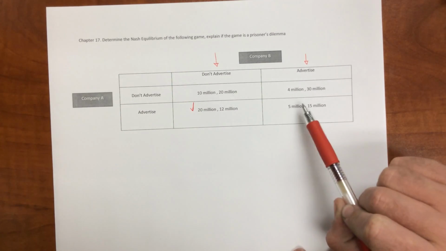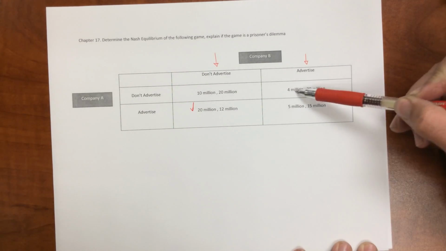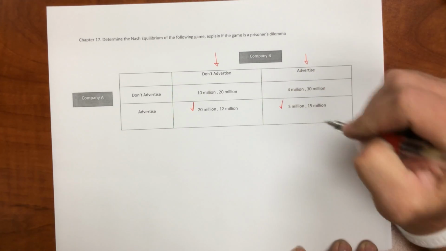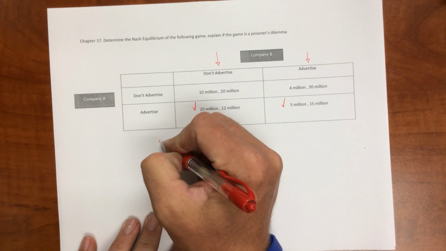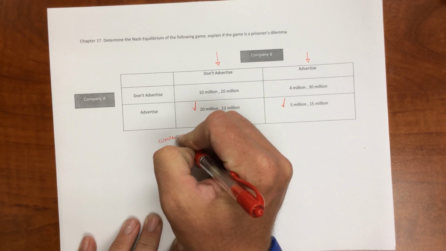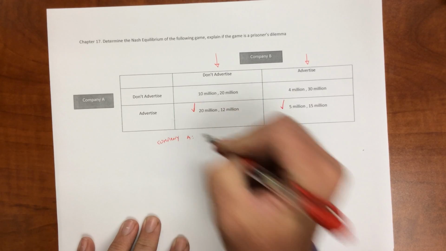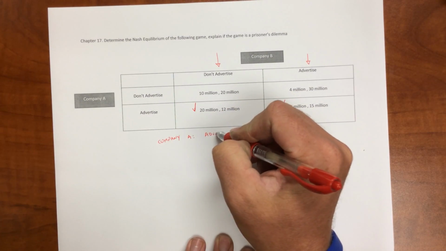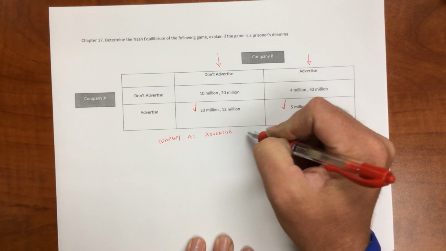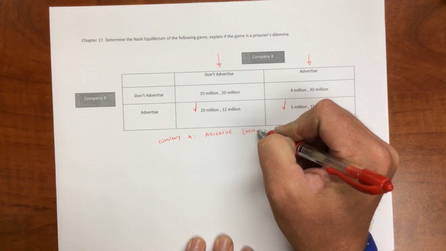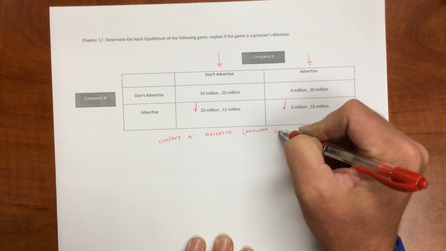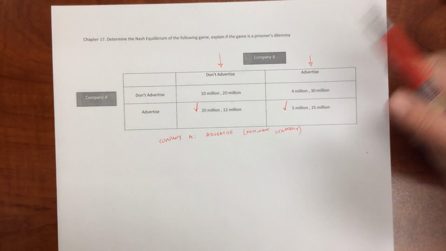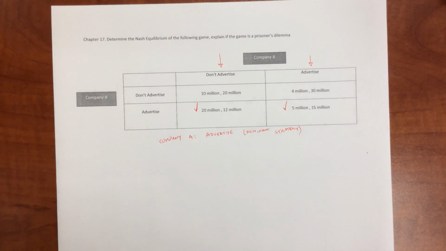If they do advertise, they'll make $5 million. So we're comparing these numbers for A, therefore A will choose to advertise. So when we think of company A, regardless of what company B is going to do, company A will always advertise. So we call that a dominant strategy. Whatever it is that B does, A is always better off by advertising.